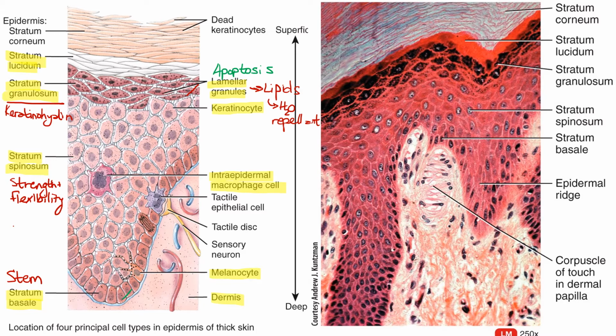These dead keratinocytes contain large amounts of keratin and very thickened plasma membranes. So this is going to be that layer that adds a lot of extra toughness. And that's why we're just going to see this on thick skin. Remember, areas that are going to be seeing a lot of extra friction, like your hands and your feet.